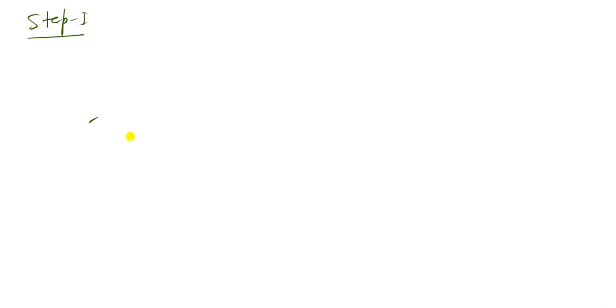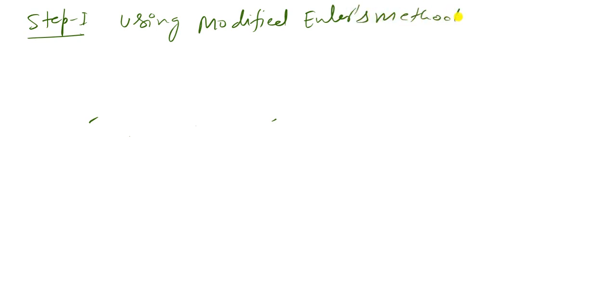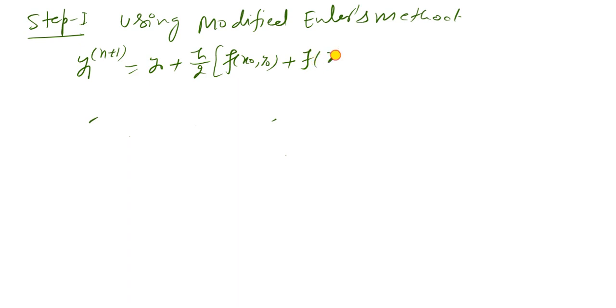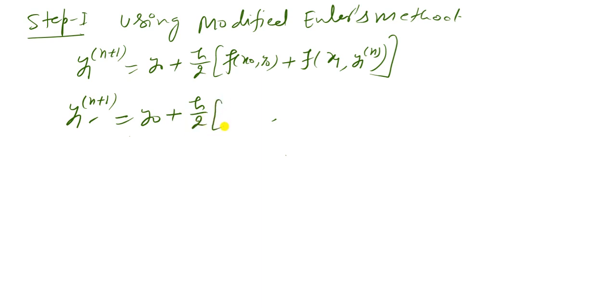So here in step 1, using the modified Euler's method, y1^(n+1) is equal to y0 plus h upon 2 times [f(x0, y0) plus f(x1, y1^(n))], or y1^(n+1) is equal to y0 plus h upon 2, because f of (x, y) is equal to x into y, so this will be [x0 y0 plus x1 y1^(n)].